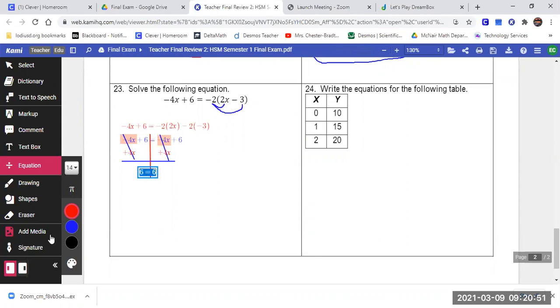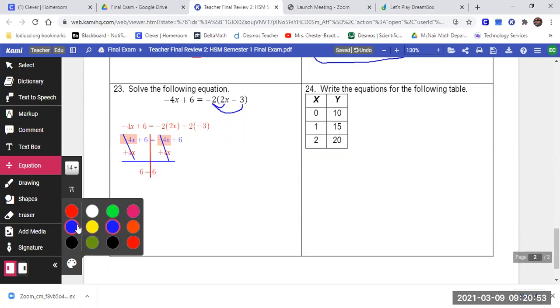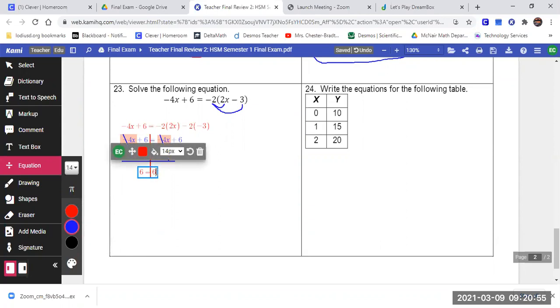Yeah. So is that going to be a check mark or is that going to be a slash? That's going to be a check mark. Exactly.